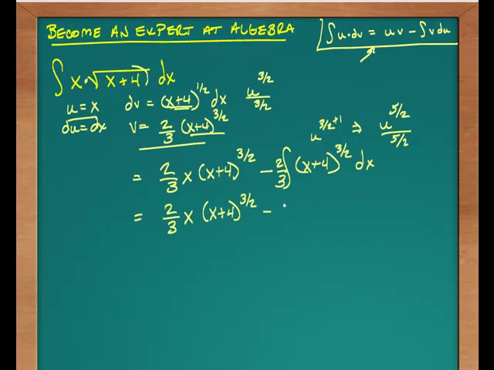And then we have a minus. Remember, our u is going to end up being here. So 2/3 times 2/5 would be 4 over 15. And then whatever our u is to the 5/2, well, here's our u. So we have x plus 4 to the 5/2 plus c.